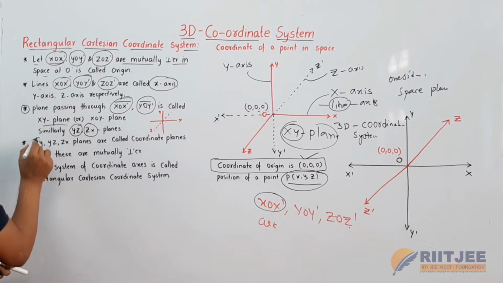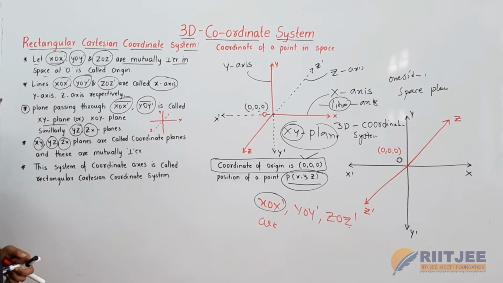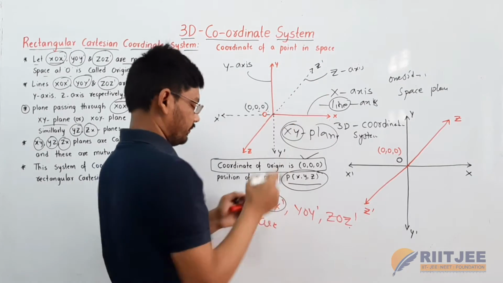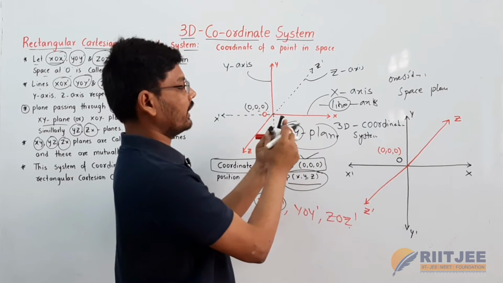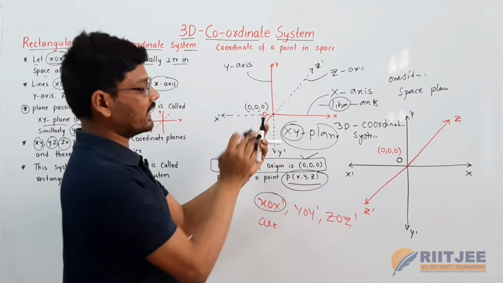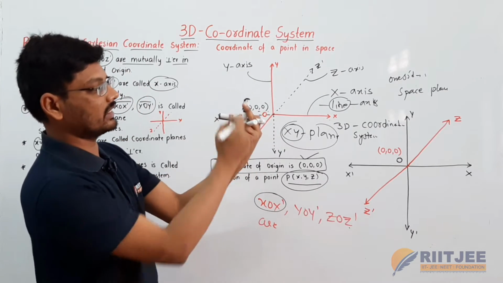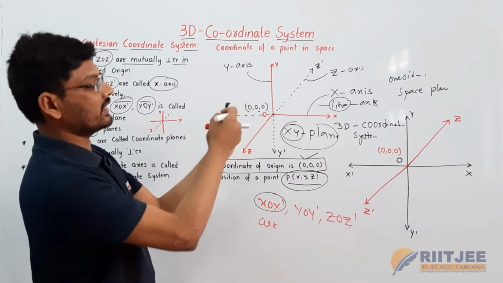And the next one: the xy, yz, zx planes are called coordinate planes, and they are mutually perpendicular. Here this is xy, and similarly yz. If you turn like this, this is yz, this is xy, and this is zx.